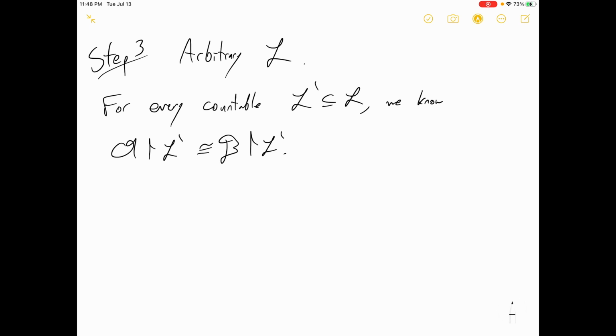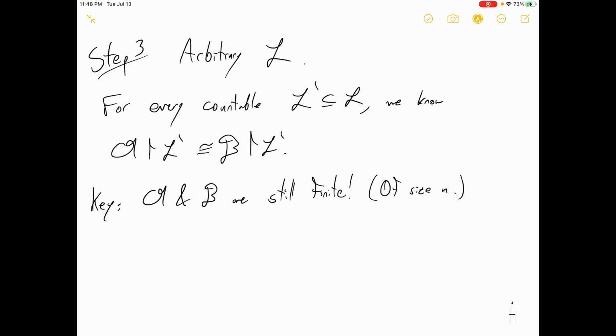Oh, of course. Yes, the key here is that A and B are still finite, of size n. So if the models are finite, then if this language is uncountable, you're way over-specifying the amount of information.